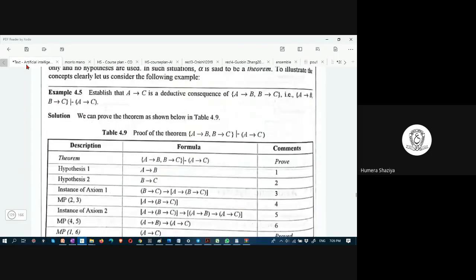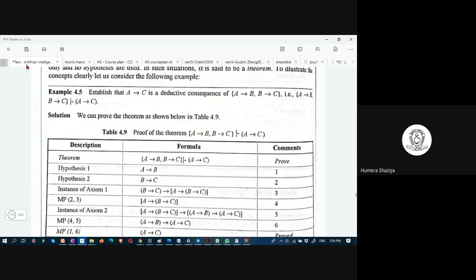All right. Example: establish that A implies C is a deductive consequence of A implies B, comma B implies C. This symbol denotes that it is derived from hypothesis. This is consequent. Consequent is derived from this hypothesis.